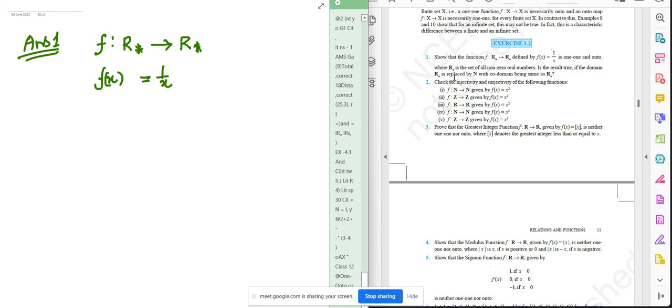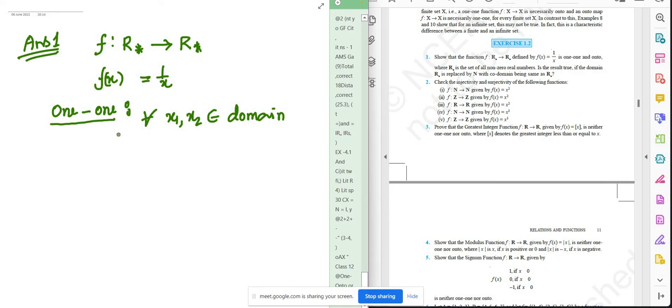Here in the question they are asking to show that, which means we can consider it is 1-1 and it is onto. So first we have to show whether it is 1-1. Give the heading 1-1, we are checking this. So for all x1, x2 belonging to the domain, and what is the domain here? R star, the set of non-zero real numbers.